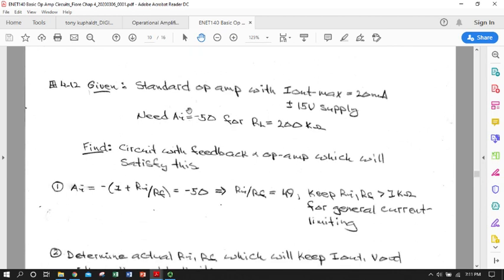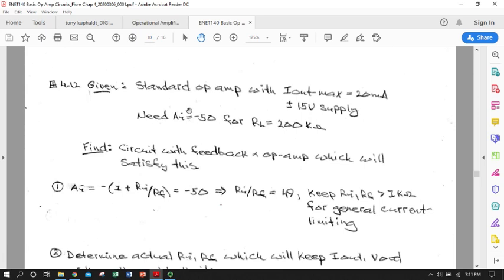And we can flip the information flow and do some design ideas with the same concept. Somebody says, well, hey, I have a standard op amp and it has a max current output of 20 milliamps, pretty typical, and plus or minus 15 volt supply, which means in reality we'll get about 13.5 on the positive and negative rails.